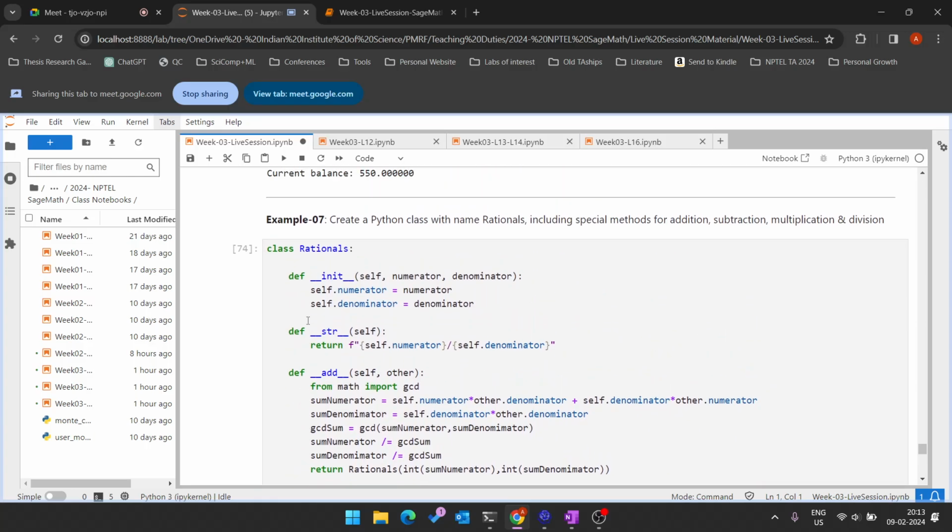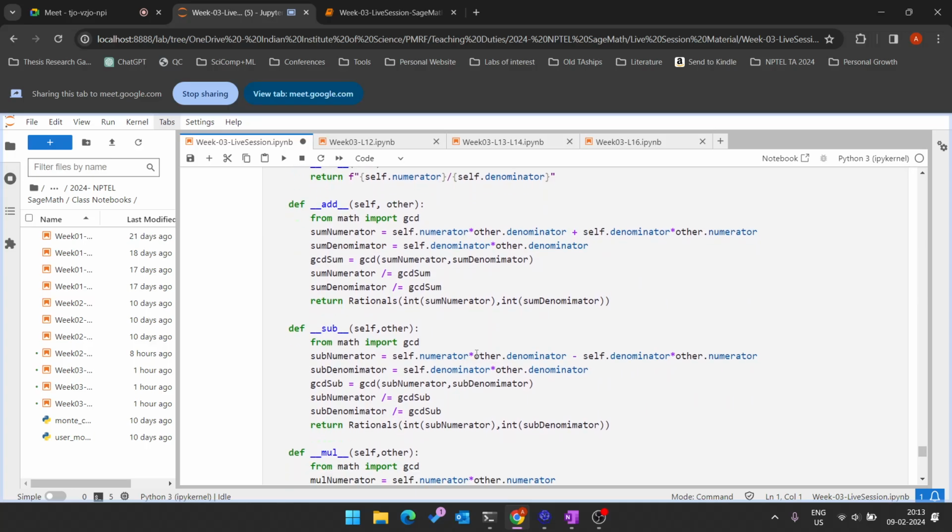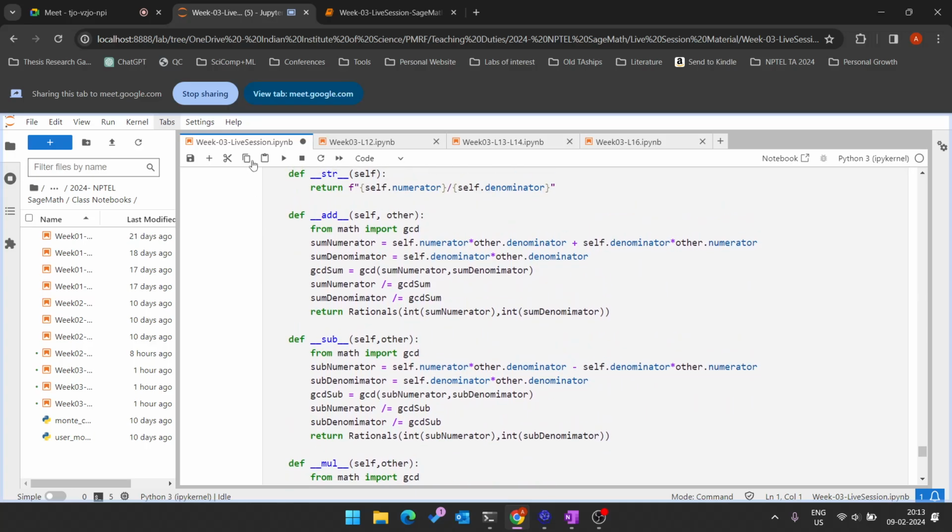Next, I want to add these two together or subtract or multiply them. So how do I do this? Here is an important point. The double underscore at the beginning and at the end makes this a private method.